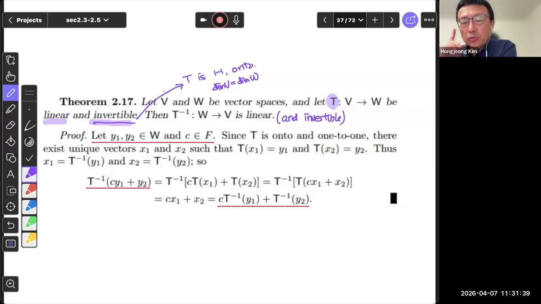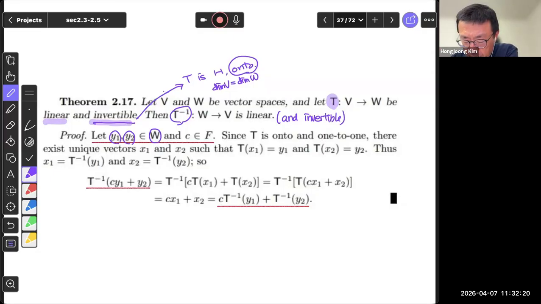In order to prove that T inverse is a linear mapping, let me choose any two arbitrary vectors y1 and y2 from the domain W. Now, since T is one-to-one and onto, y1 will be an image of some vector, and that vector will be unique. And y2 is also an image of some unique vector.